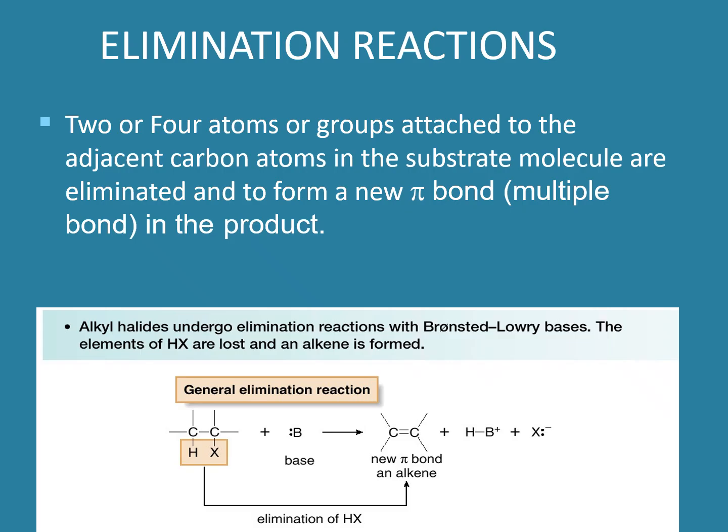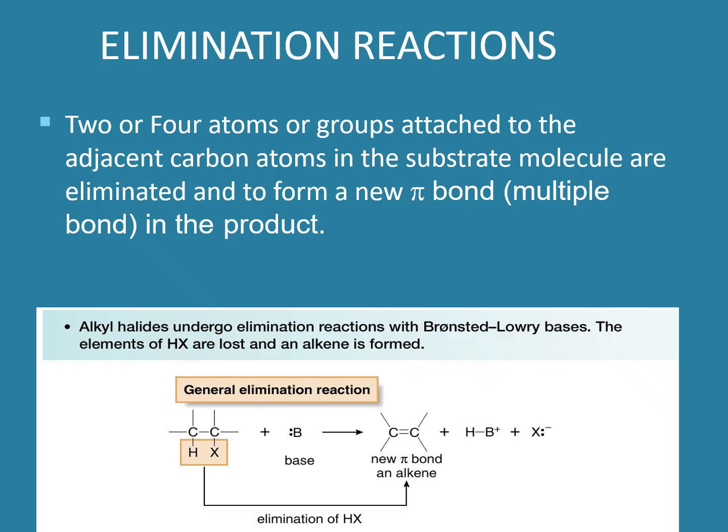In elimination reactions, two atoms or groups attached to adjacent carbon atoms in the substrate molecule are eliminated to form a new pi bond or multiple bond in the product. Here the general reaction is written for alkyl halides.